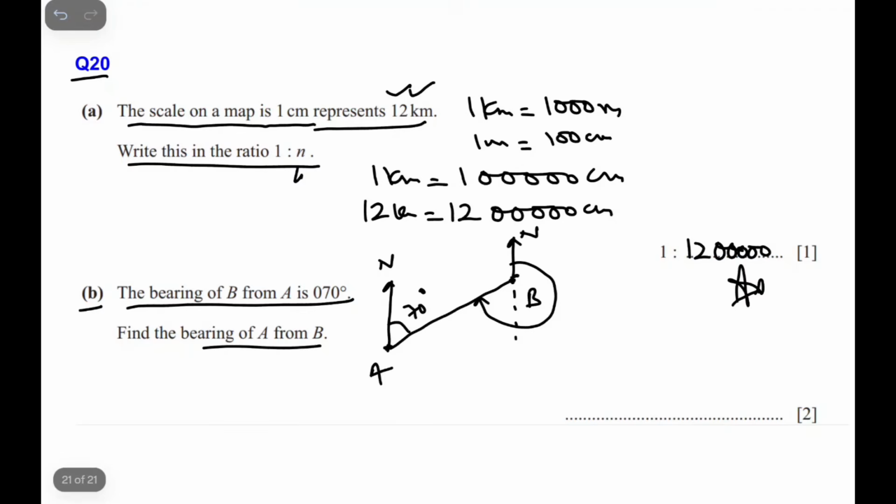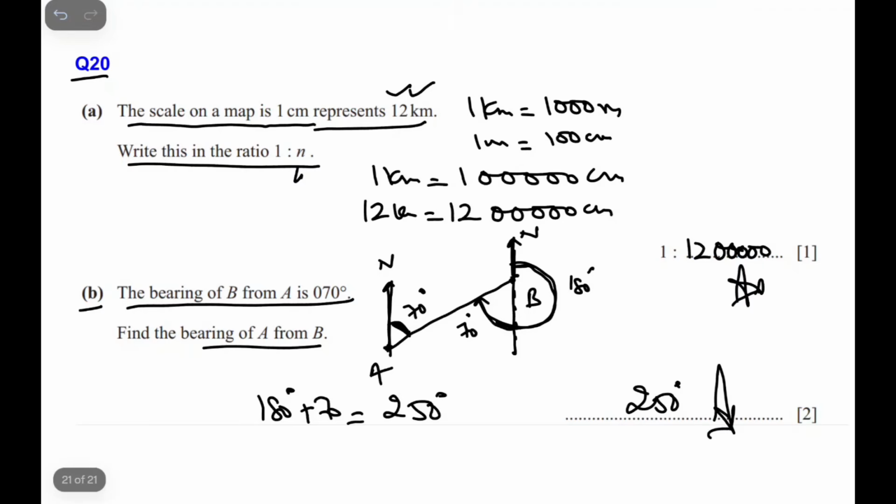So if we extend this, this angle is 180 degree. Now as these lines are parallel, if this angle is 70 degree, this angle will also be 70 degree, alternate angles. So the bearing will be 180 degree plus 70 degree, that is 250 degree. So 250 degree will be our final answer.